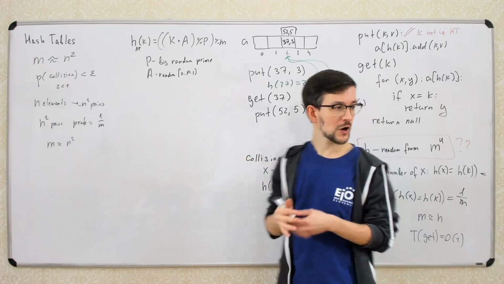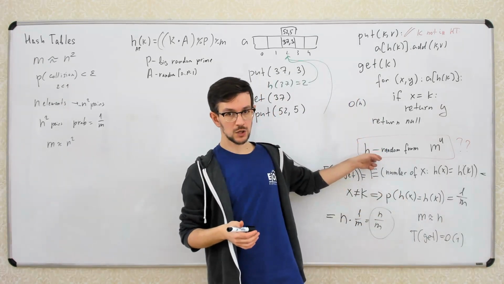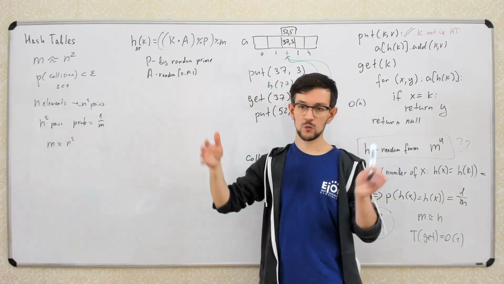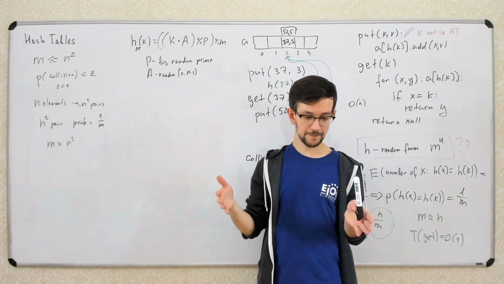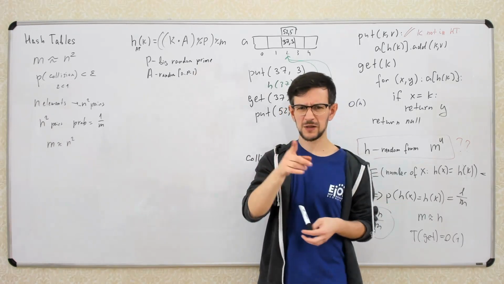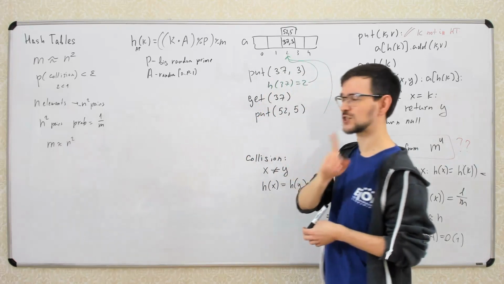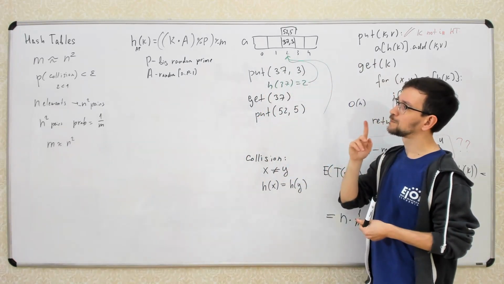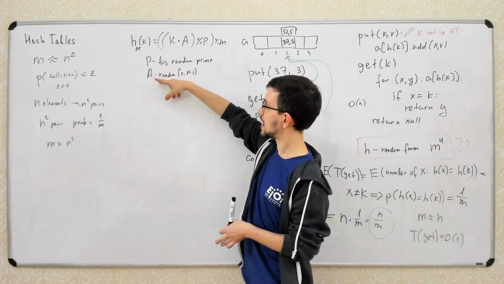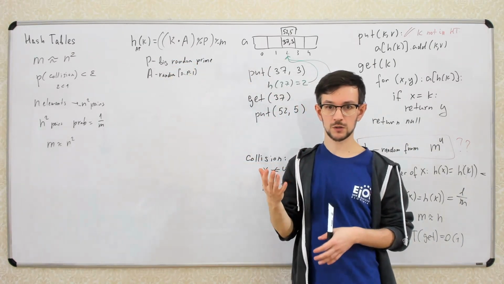Now when we try to generate some random function, we just generate these two numbers. So we generate a big prime number, we generate a big number a. Why is p prime? I'll explain it a little bit later. And we use these numbers p and a as parameters of our function.